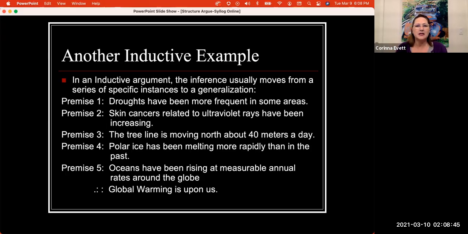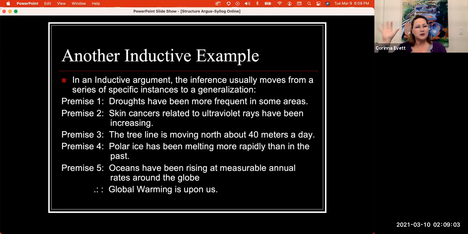But in terms of our example here for inductive reasoning, notice that it's not as precise. We don't have to be as precise about the order of our premises for the logic to make sense as we do for our deductively reasoned arguments.